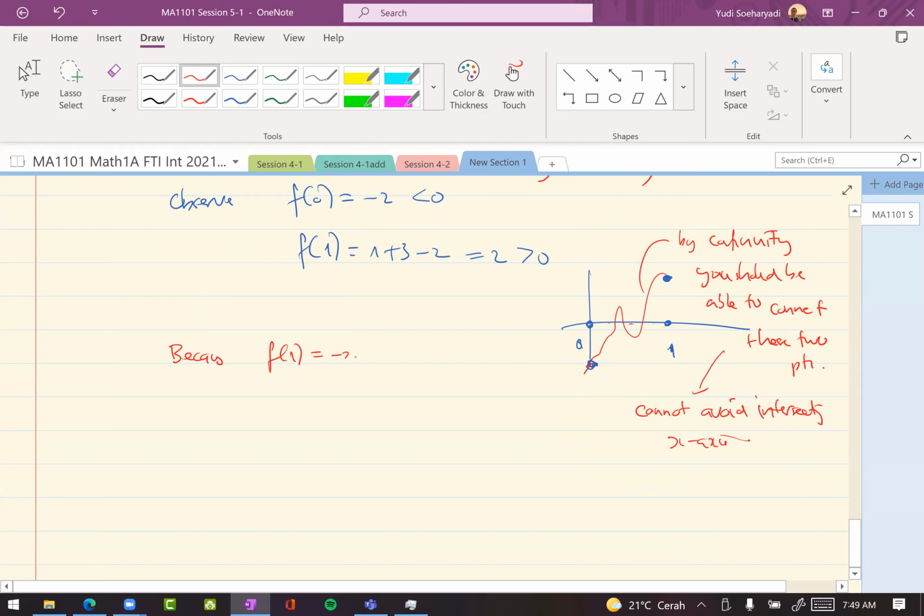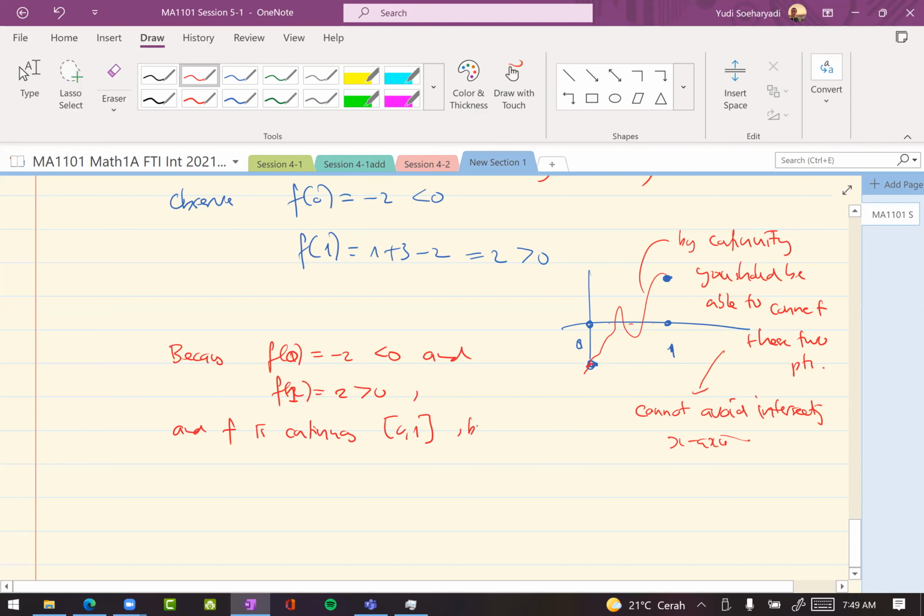So f(0) is negative, and f(1) is positive. Okay, sorry, this is 0, this is 1. And f is continuous on [0, 1].